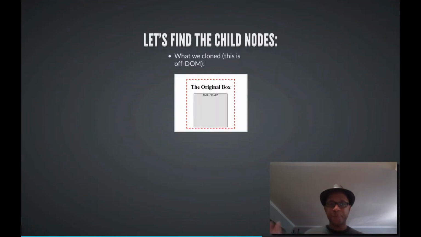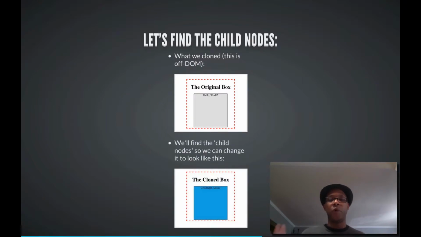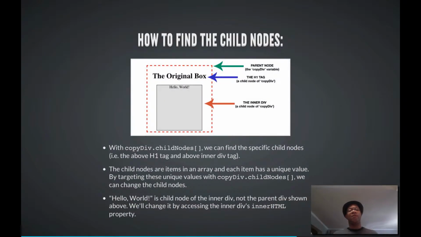Let's talk about some childNode stuff. So at this point, this is what we've cloned. It's off DOM, and this is just a visual representation of it. We need to find the stuff above in the first box. We need to find the childNodes of that containing box, so we can change it to look like the stuff in the image below, that box right there. So how do we find the childNodes?